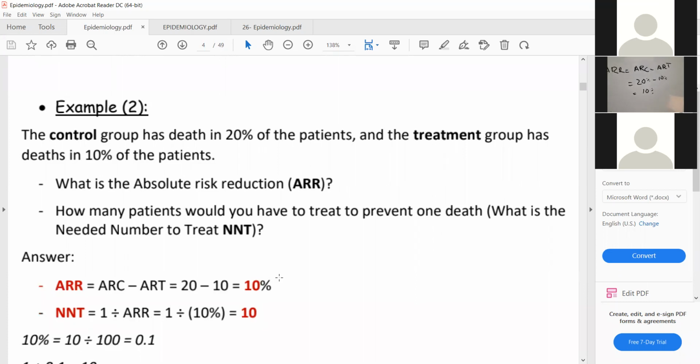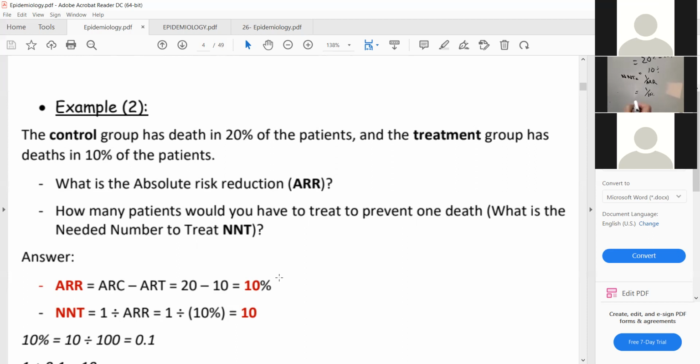Now, how many patients would you have to treat to prevent one death? Or in other words, they are asking about the NNT. So we discussed that NNT can be defined as the inverse of ARR. So 1 over 10%. If we want to convert a percentage into a number, then we need to divide it by 100.